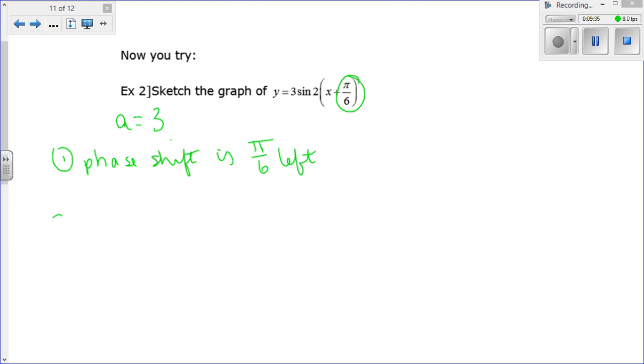Find the period. Period is 2 pi divided by b. B in this case is 2. So it's 2 pi over 2. So the period is pi. So it should take pi, or 180 degrees, to finish your curve.